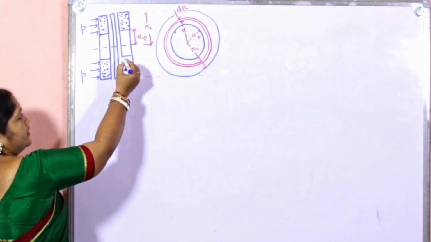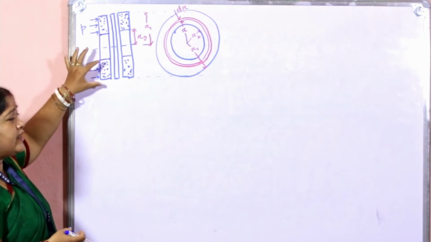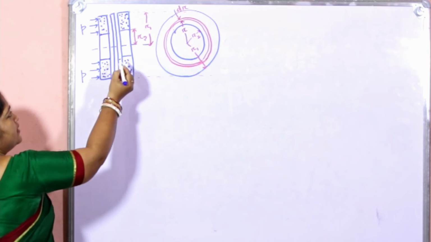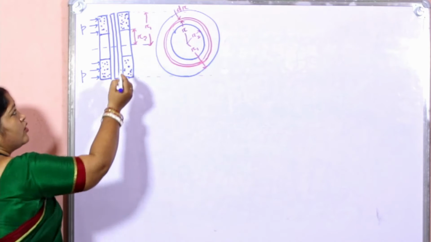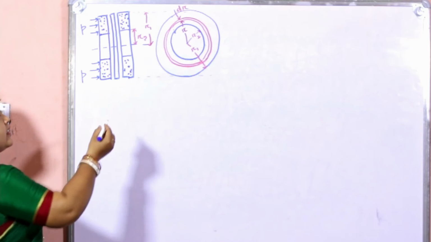In a frictional plate, the frictional surfaces are present at the outer periphery of the plate. Let the inner radius of the plate or the frictional surface be R2 and the outer radius be R1.